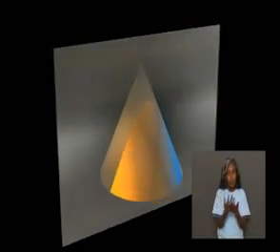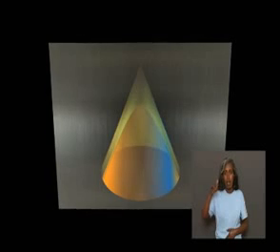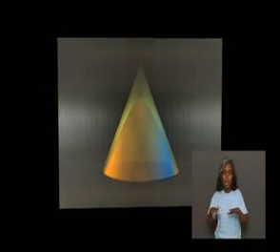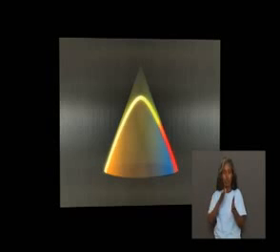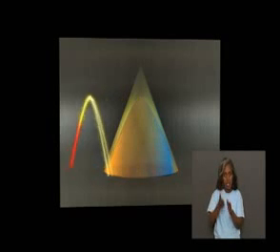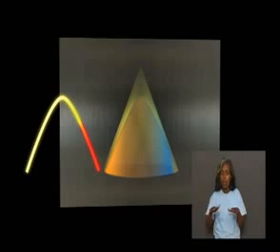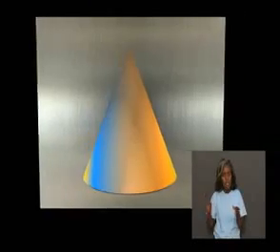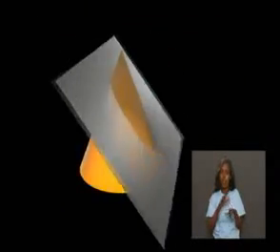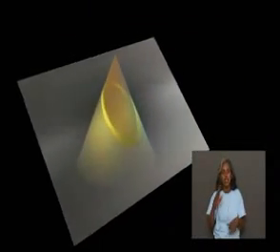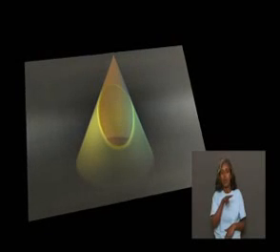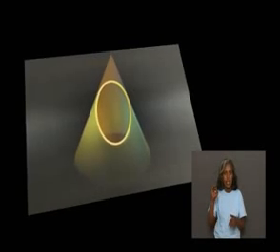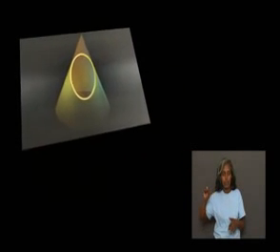To produce a hyperbola, the intersecting plane must cut the cone parallel to the side of the cone. The plane will be vertical. When the intersecting plane is at an angle and the plane is neither vertical nor horizontal, it will produce either an ellipse or a parabola.